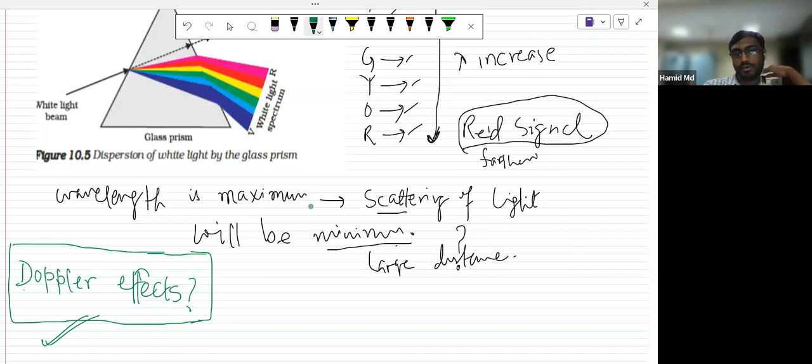When a train is receding from us, we don't. So this is the change in intensity or frequency: it increases when the source is coming toward us, and decreases when it is going away, between wave source and observer. So this is the Doppler effect.